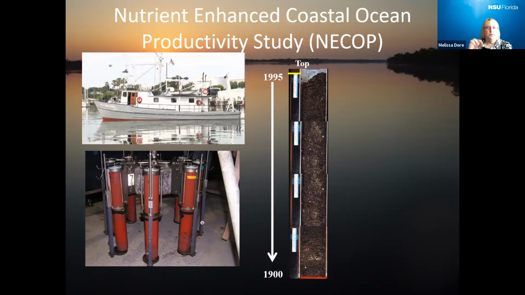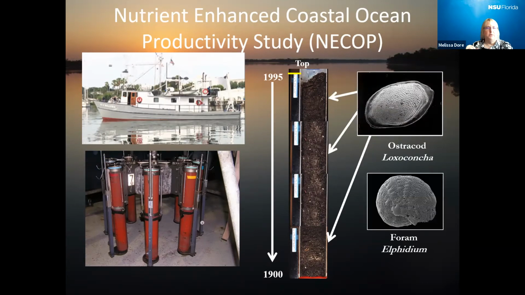Then we went through each section and looked to see what we could find. There's the ostracod, the Loxoconcha, which is the one I was looking for, and the Ophthalmidium forams, which are also beautiful, much smaller. They also tell us whether we're dealing with salt or fresh water. If we see Ophthalmidium, we know it's much more of a freshwater environment.